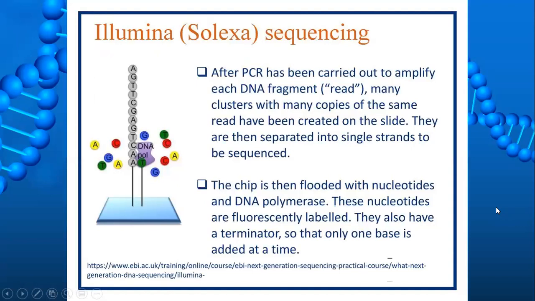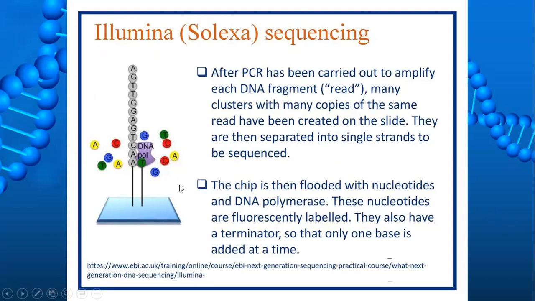So after this bridge amplification technique is carried out, for each DNA fragment or read, many copies of the read have been generated on this flow cell. Then the nucleotides and the DNA polymerase are added to the flow cell, and these nucleotides are fluorescently labeled.